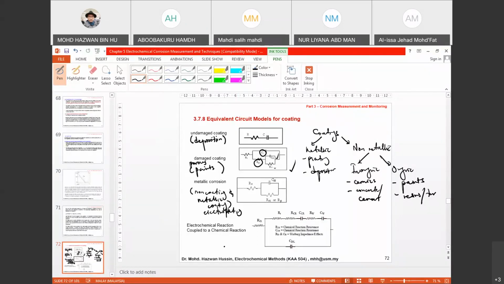And for electrochemical reaction coupled with chemical reaction, these are the examples. It is even just to indicate that probably you can have a more complex structure of equivalent circuit whenever you deal with different kinds of samples. Okay.